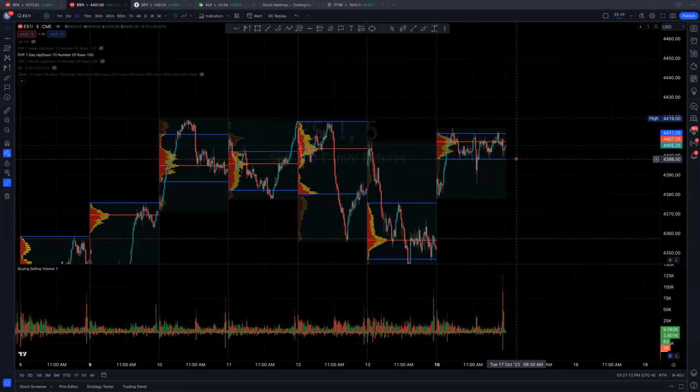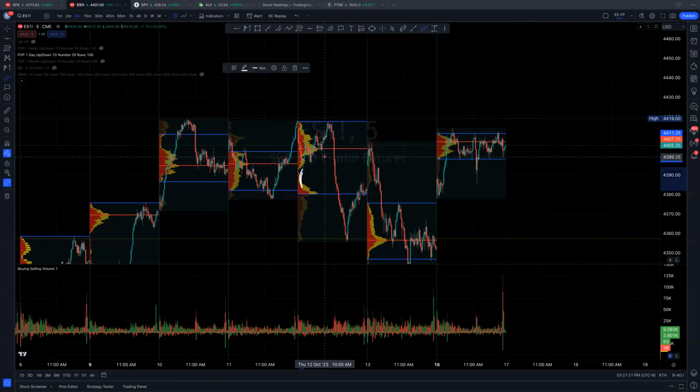Usually when you have low volume nodes, you'll just see price run through it, like right here. You can see how price just ran through it, and even ran through a high volume node here. I think this high volume node formed after this.